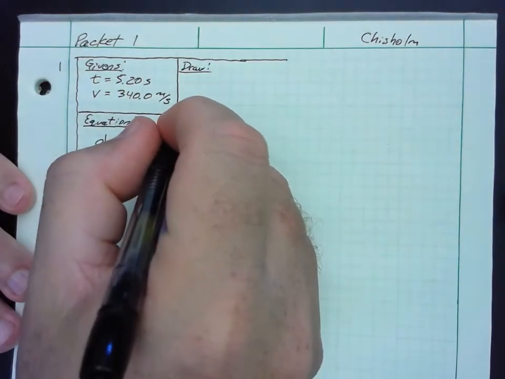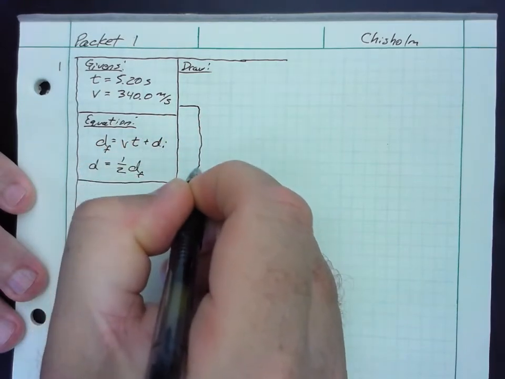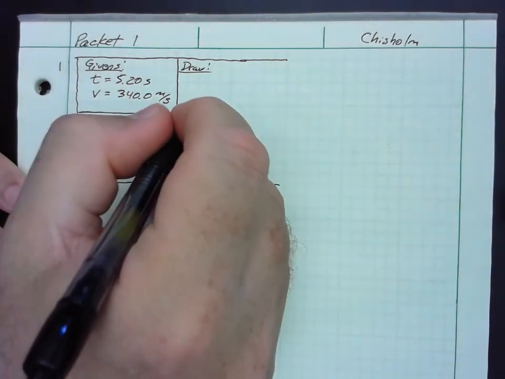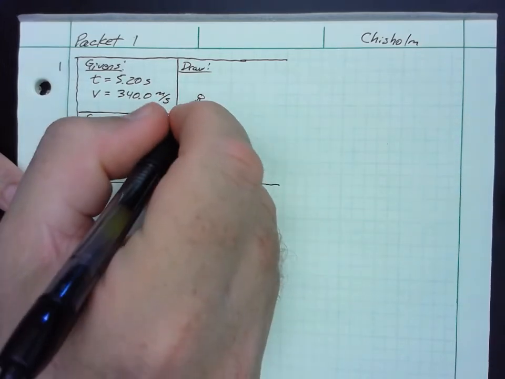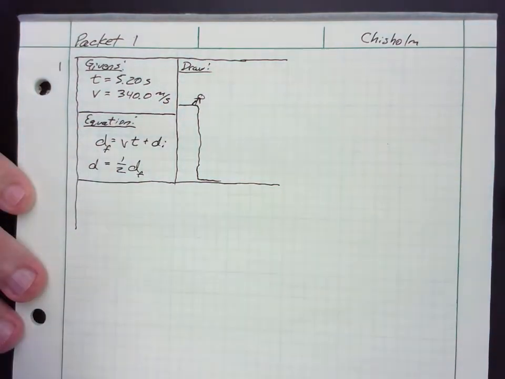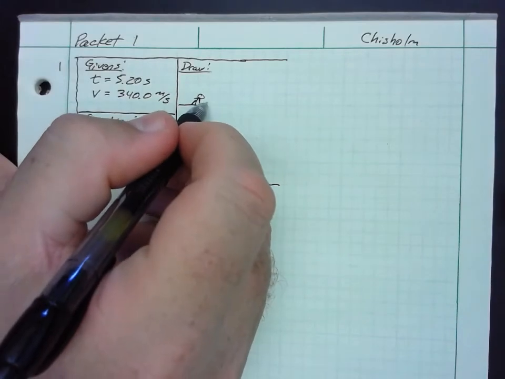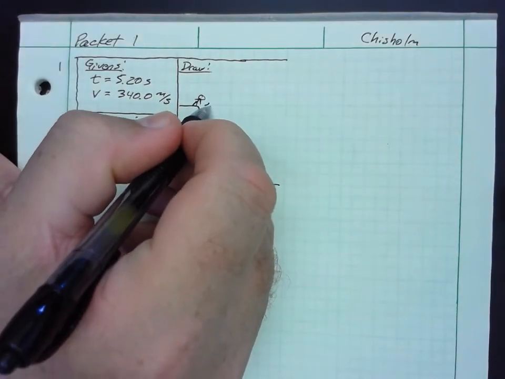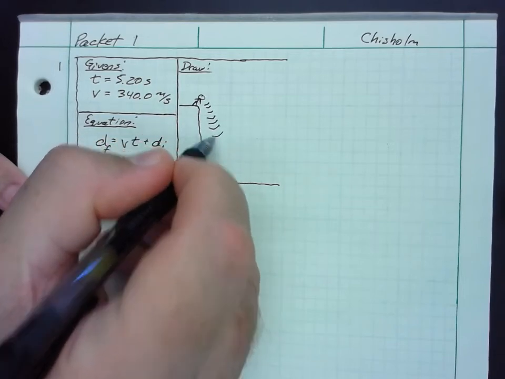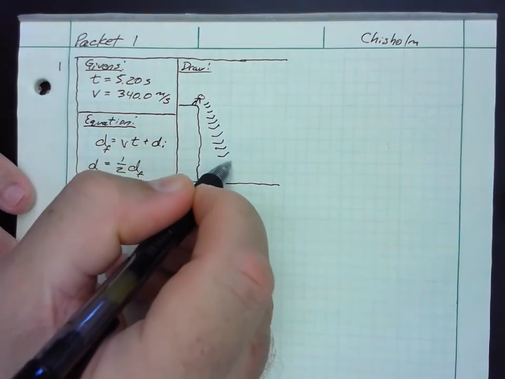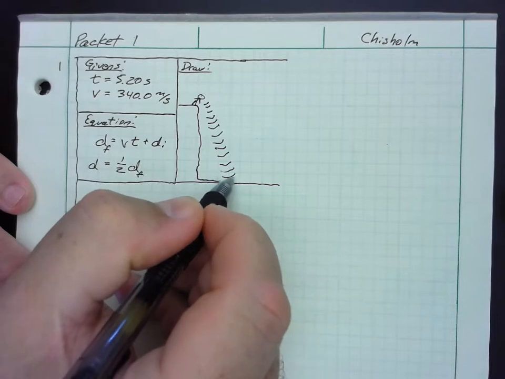I have the canyon here. And here is Hans, the little stick figure guy right there. And Hans is going to yell down. So this is his voice yodeling down, coming down to the bottom of the canyon.